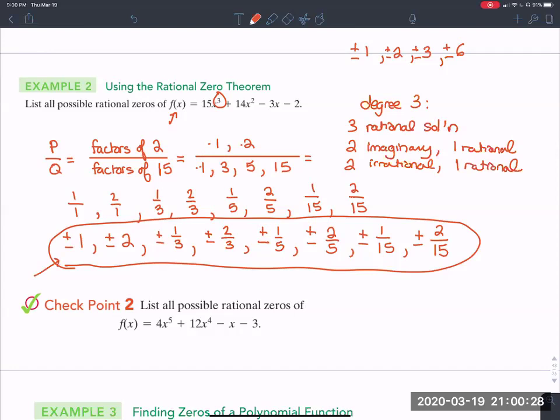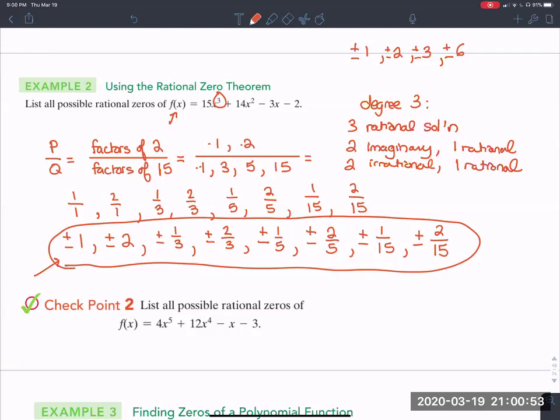Now, notice, these are all rational possibilities. This does not tell you what your irrational or imaginary solutions are. It just says that all potential rational solutions of this polynomial must be one of these 16 that we just discovered.